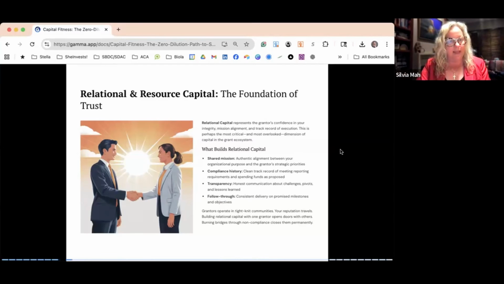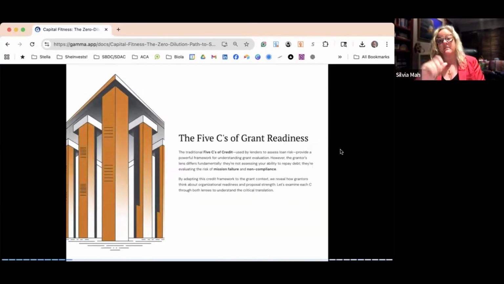Okay, so up next is the 5 C's of grant readiness. I know these 5 C's. I taught this course on debt for Meta, and we really looked at what lenders use to assess loan risk. So if you're going after loans, you're kind of learning a 2-for-1 tonight, thinking about loans and also this non-dilutive funding.